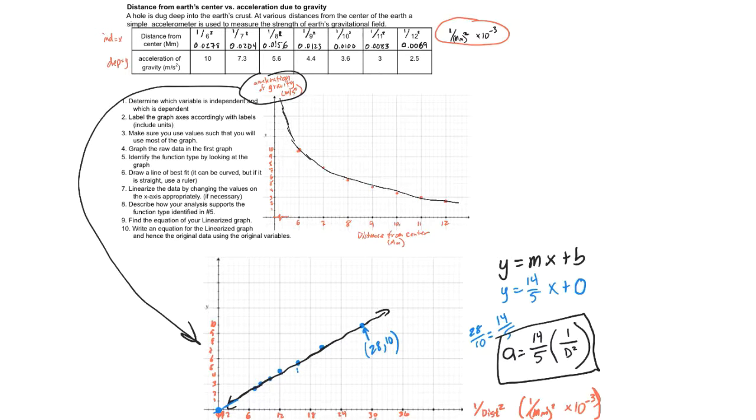Now, some of you may ask, well, why can't I just use this graph up here? Can't I just use my fancy smancy calculator or computer to give me a best fit line there? Yeah, you could, but there's a couple of advantages to the linearization process. I'm going to finish with this.